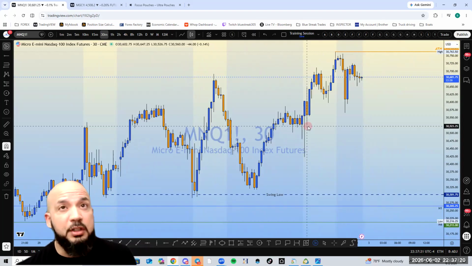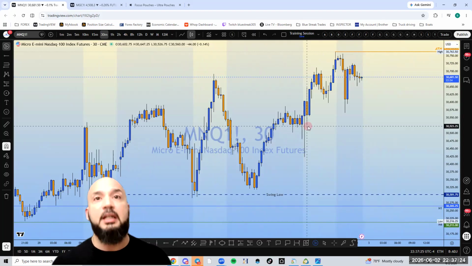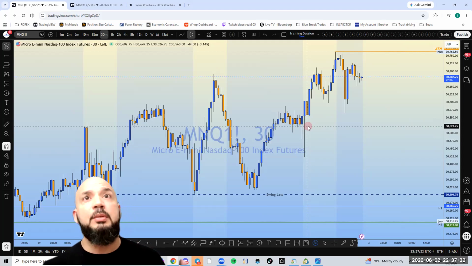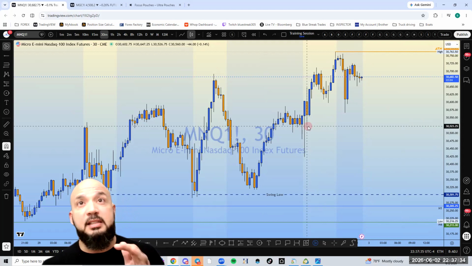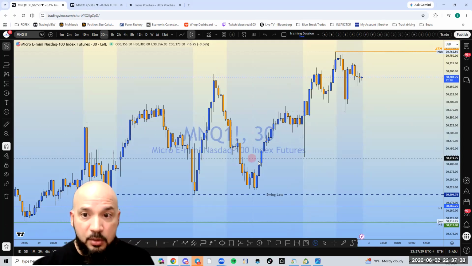You use market structure to determine direction. You are correct, guys. That's what you use. After you use market structure to determine direction, then use Fibonacci to find a discounted entry within that direction.